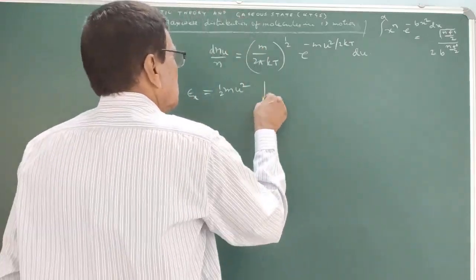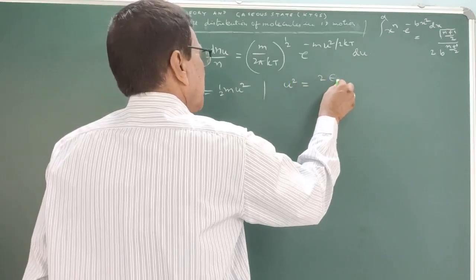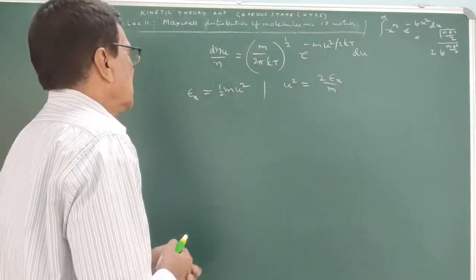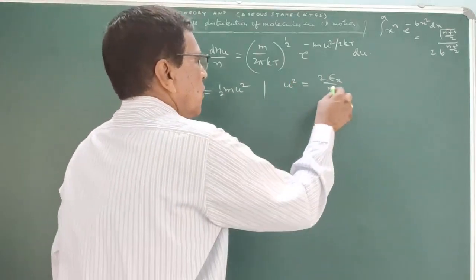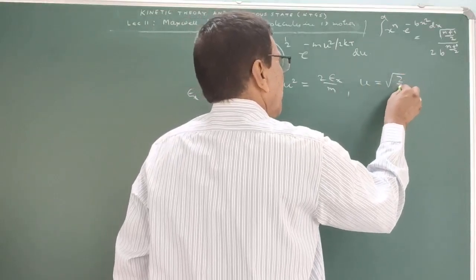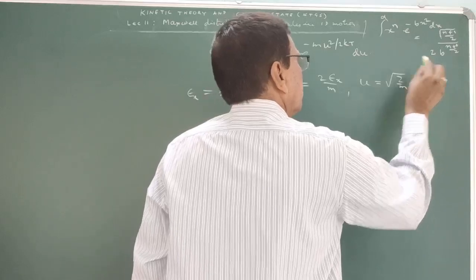So u square equals twice epsilon x divided by m, or u equals root over 2 by m, epsilon x to the power half.